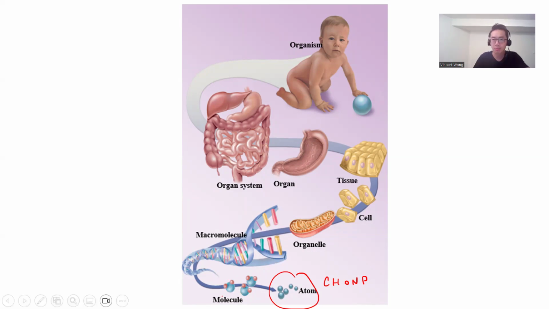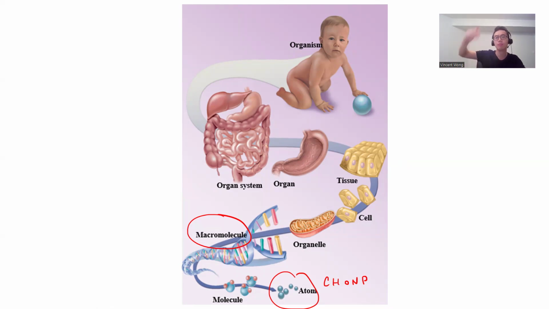Some molecules are small, like H2O, only 3 atoms. But in lecture 2, we learned about much bigger molecules, macromolecules, such as carbohydrates, proteins, nucleic acids, and lipids. They are thousands of atoms big, and we need them for various normal body functions.